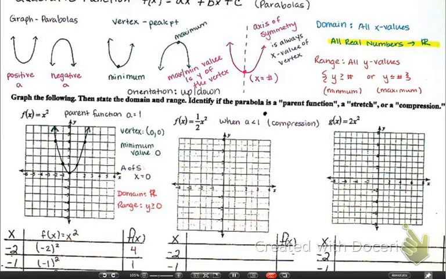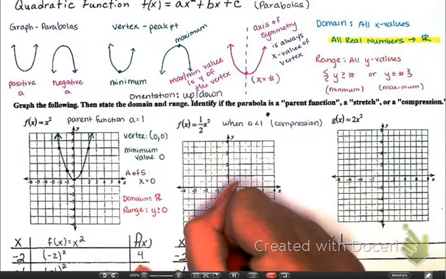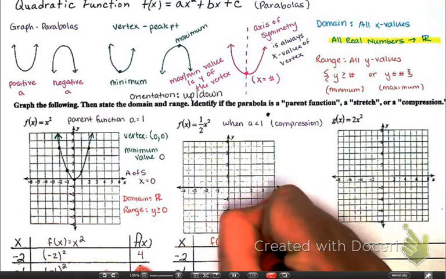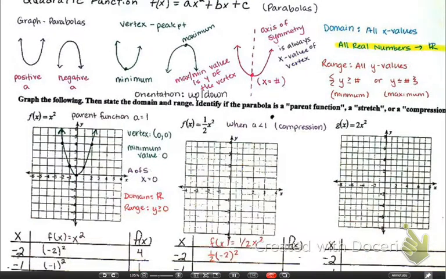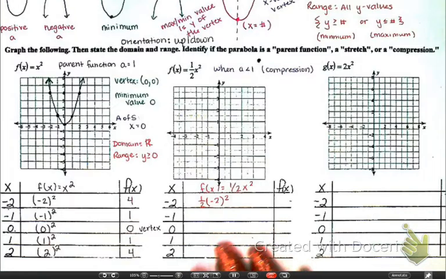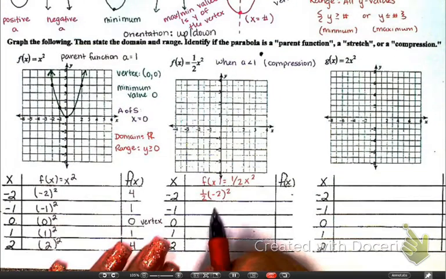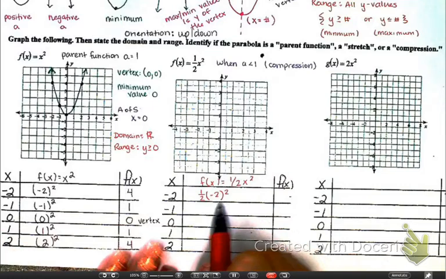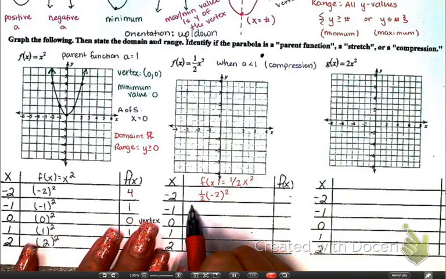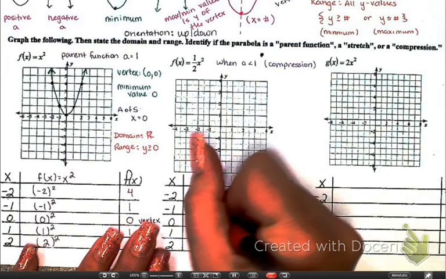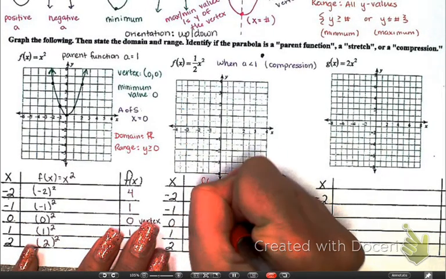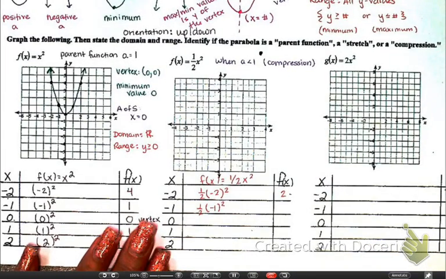So let's plug everything in. So f of x equals 1/2 times x squared. We need to do the squared part first. So -2 squared is 4. And what's half of 4? 2. -1 squared is what? 1, and half of 1? 1/2.